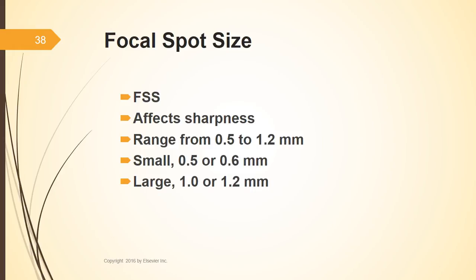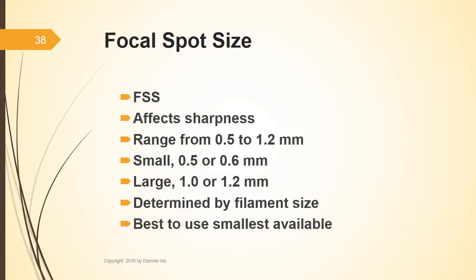Focal spot size is determined by the filament size, and when the radiographer selects a particular focal spot size, you're actually selecting a filament that's energized during X-ray production. So you're either picking the small filament or the large filament. In general, the smallest focal spot is the one you should use for every exposure.